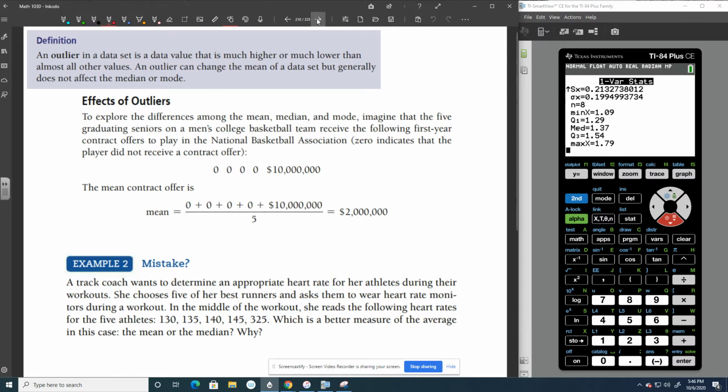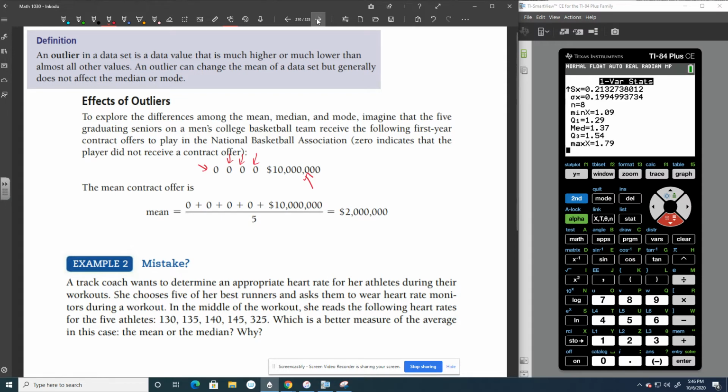So they take the 5 graduating seniors, 5 guys that are about to graduate college on the basketball team, and they want the average NBA contract that they were offered. Well, if you look at the 5 individual numbers, 4 of them weren't offered a contract at all, and 1 of them was offered a $10 million contract.